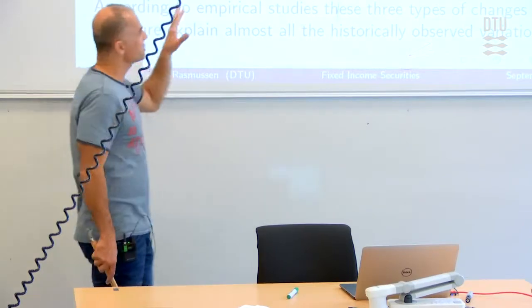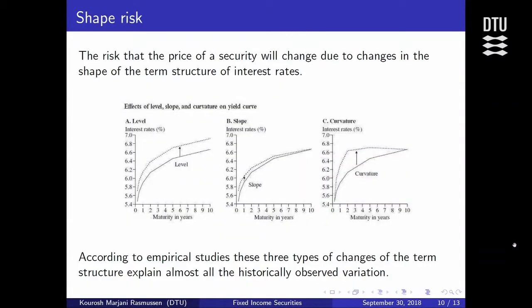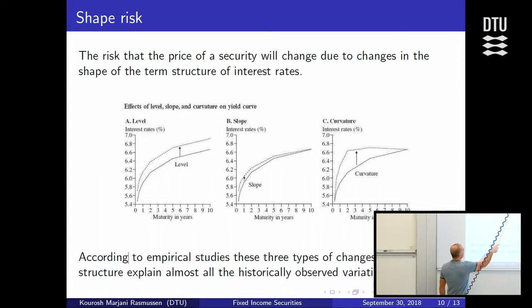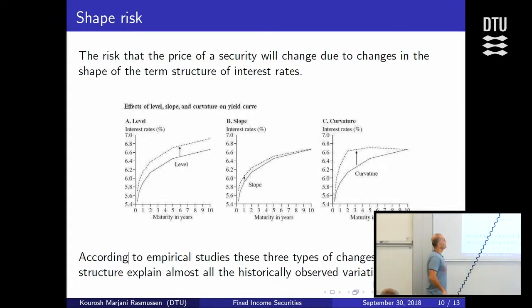And here is just an example of in what ways we normally observe that the whole term structure of interest rates can change. Let's say this is our given term structure of interest rates, and then you can see the whole thing goes up by the same amount, right?